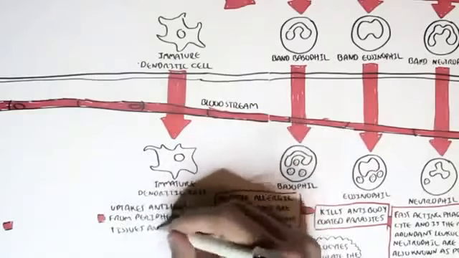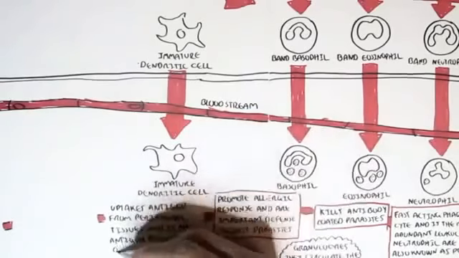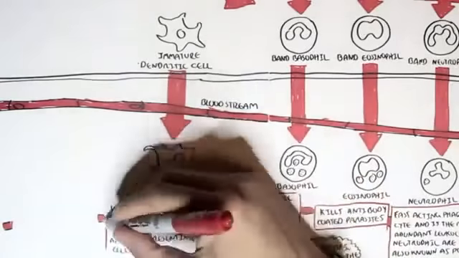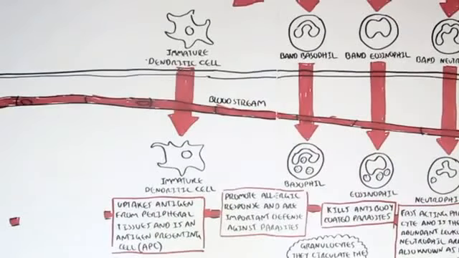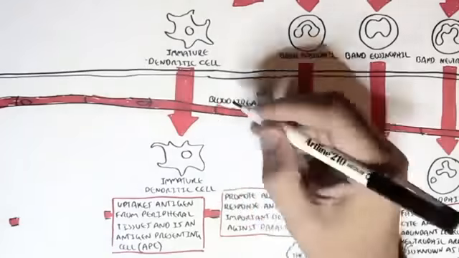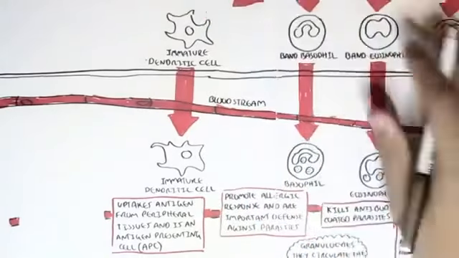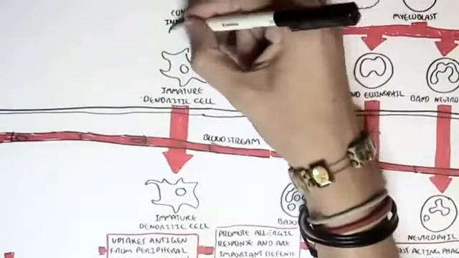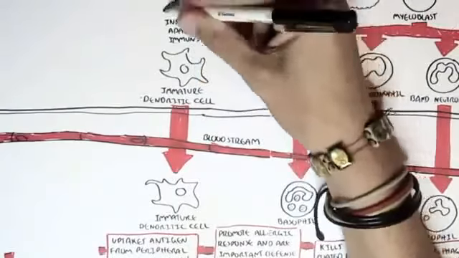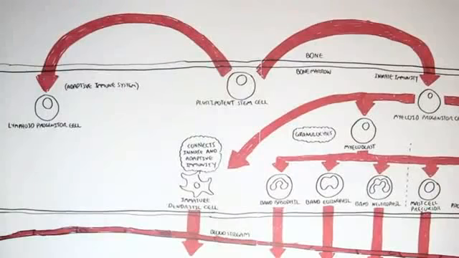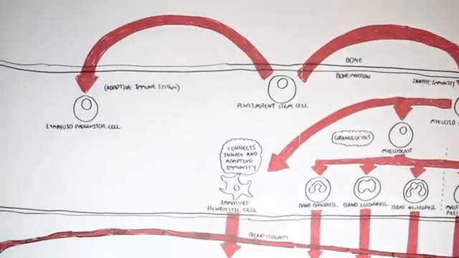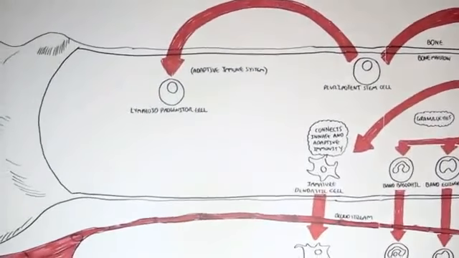Its role is to enter the peripheral tissues, take up antigens from them, and then present them as antigen-presenting cells to the adaptive immune cells. And so the dendritic cell, as I just noted, is important because it connects innate immunity and adaptive immunity. And we'll learn about dendritic cells a lot more later on.